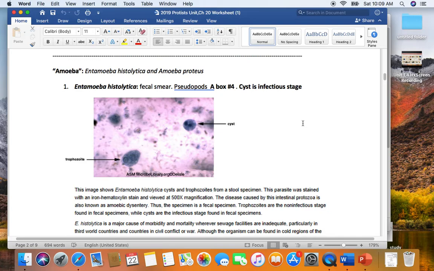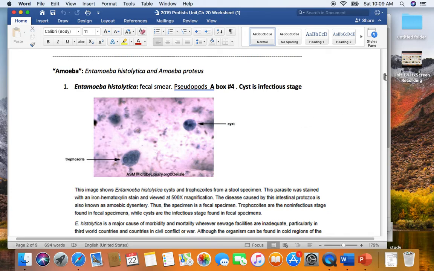So there's an immunoassay available. And also you can check the serology for antibodies. And again, in the United States, less than 1% of folks have antibodies against Entamoeba histolytica. So if you have a patient with a really high antibody titer against Entamoeba histolytica, that might suggest that they are indeed infected. All right.